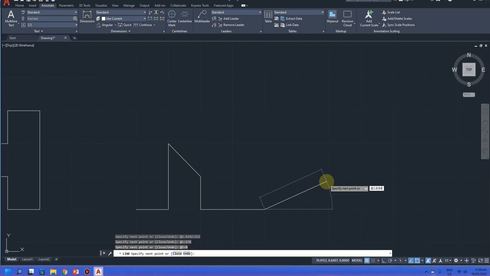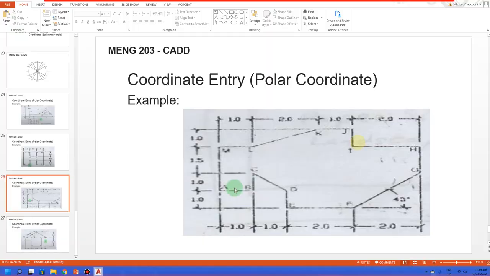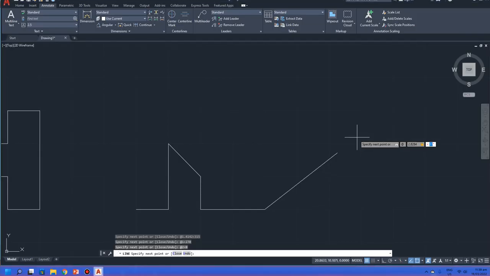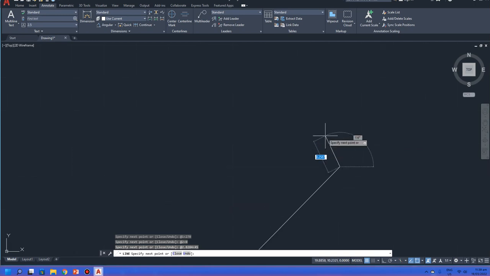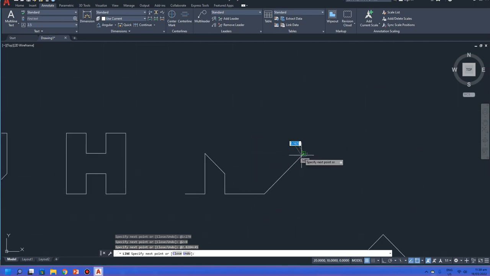And the angle is 45 degrees. Okay, fair enough. I think it is correct.